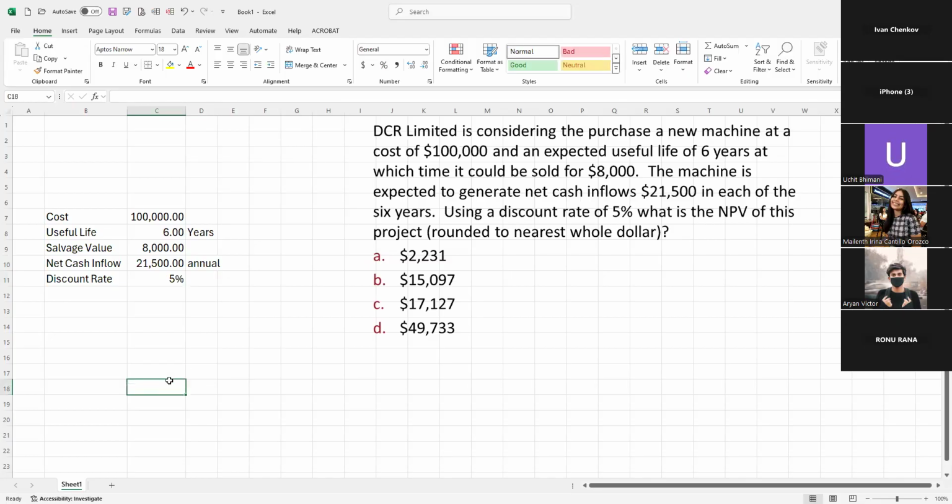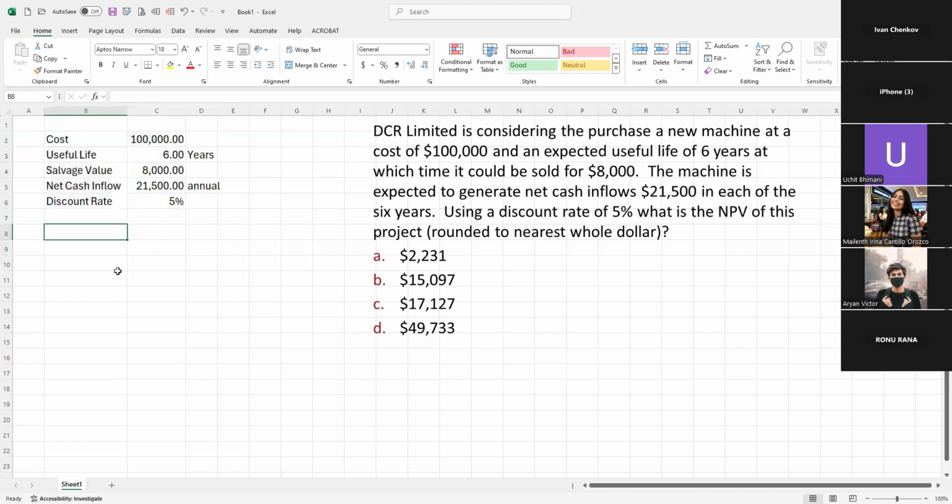So now, how are we going to use this information? How are we going to label this information in order to use it for the present value calculation? I'm going to show you in a second. Cost will be the one that we have to use for our calculation.